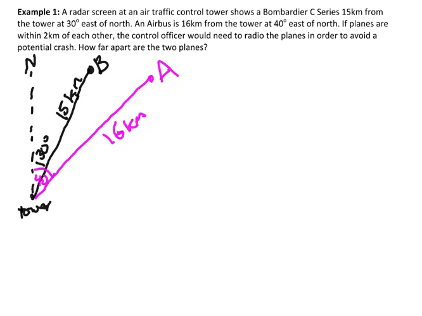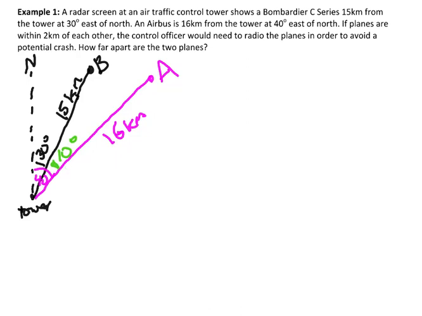All right, so that actually lets me figure out what this angle is here, the angle in between the line to the Bombardier and the line to the Airbus. Well, if it's 30 degrees there and 40 degrees here, then that angle would have to be 10 degrees, right? Or that's 40 minus 30.